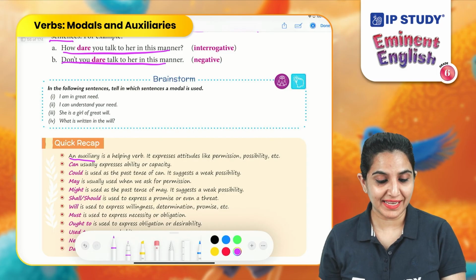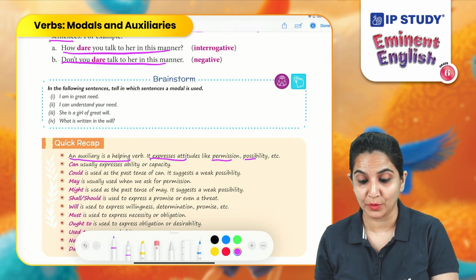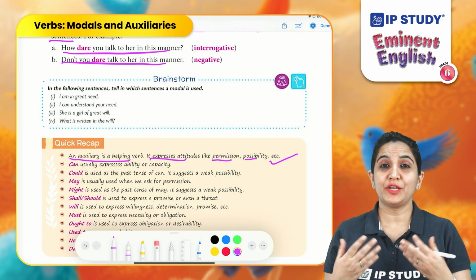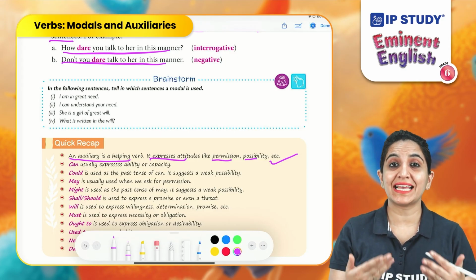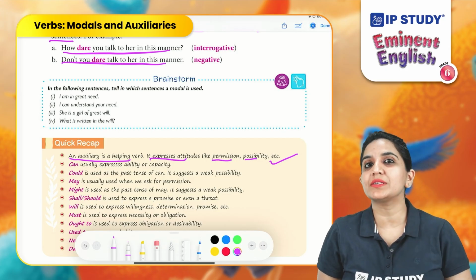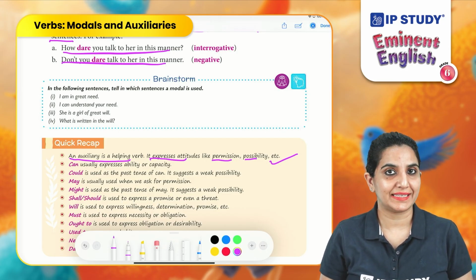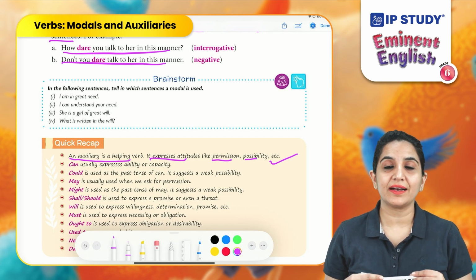An auxiliary is a helping verb. It expresses attitudes like permission, possibility, etc. It also tells us the mood, tense, and the voice in the sentence. There are two auxiliary verbs, primary auxiliaries and modal auxiliaries. Primary auxiliaries are be, have, and do.